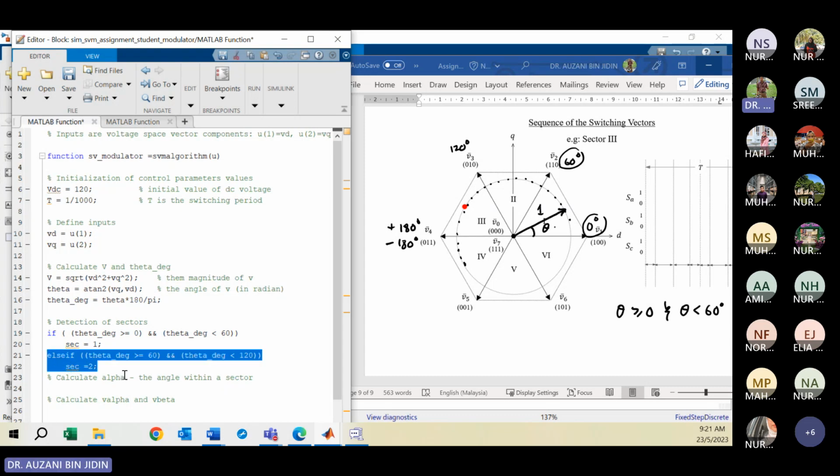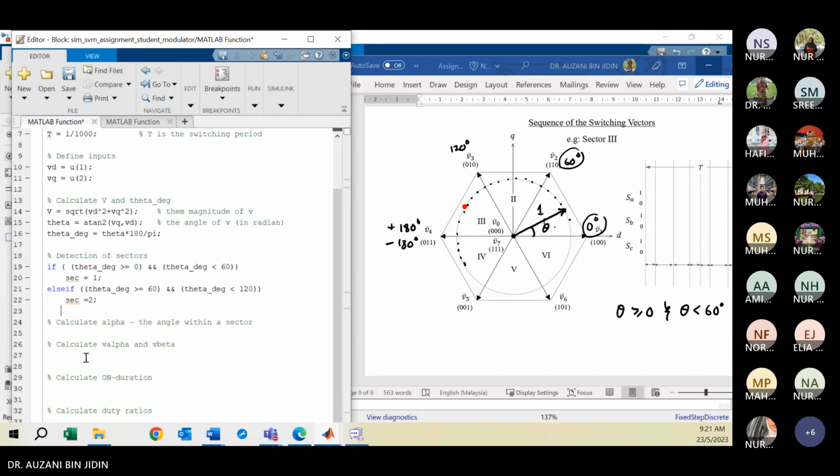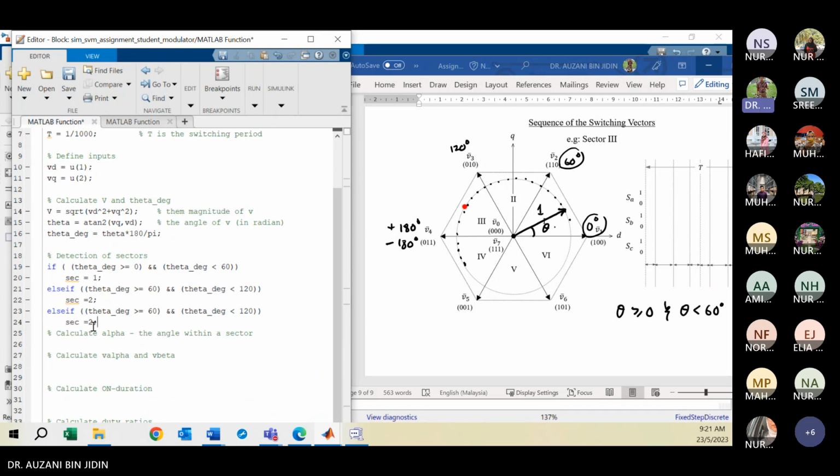That is shift 8, shift 7. We do the assignment together in class. Okay, for sector 3, what are the conditions?